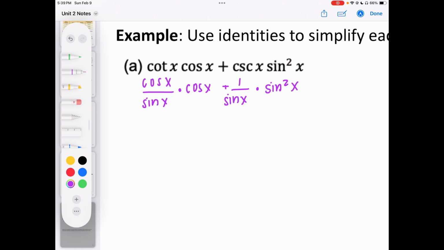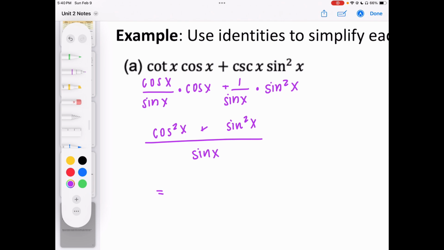So I'm going to have cosine squared x plus 1 times sine squared x, all over sine of x. I'm not going to simplify yet, even though I know that that could happen. This one really becomes irrelevant, so I won't even worry about it.